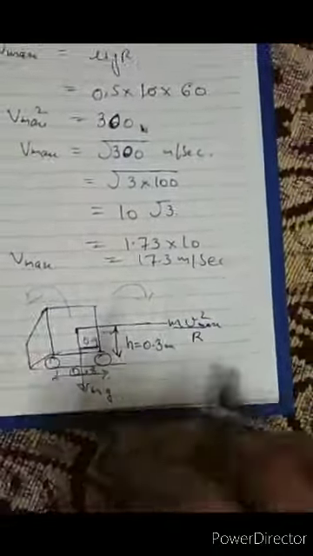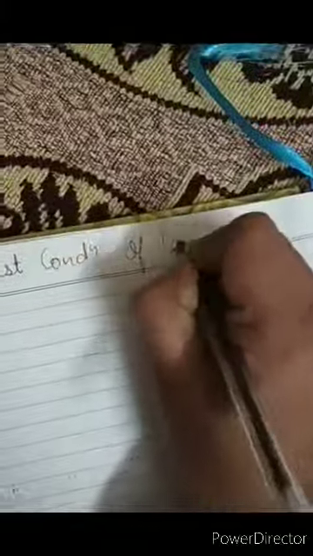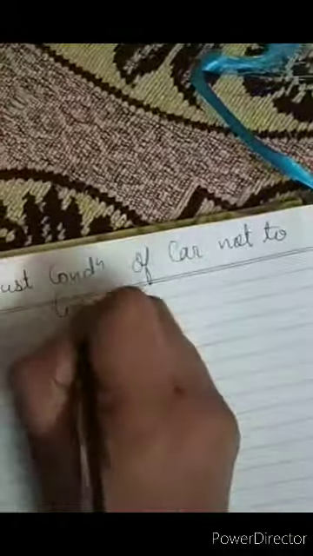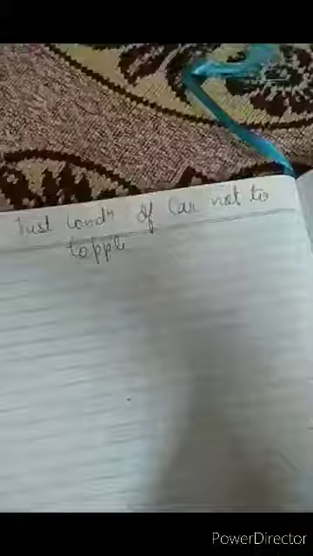So we will find out the just condition of the car not to topple. And if we find this condition, this velocity, it means if you give a slightly more velocity beyond that, the car will topple. The car will start to topple.